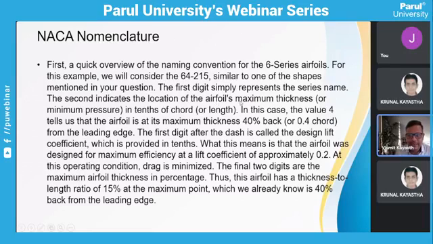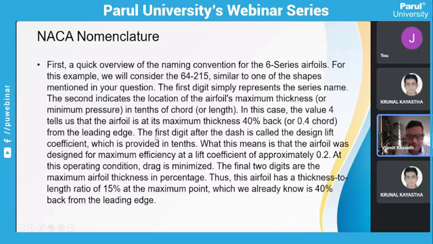Secondly, the airfoil maximum thickness location would be at the second number, that is 4. It would be at 40% or 0.4 of the chord from the leading edge. That would be the maximum thickness location of the chord that we are going to use ahead.